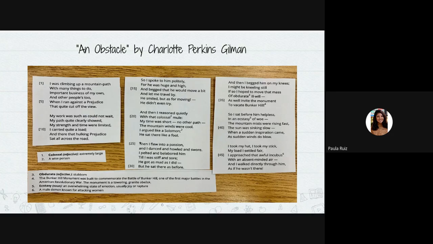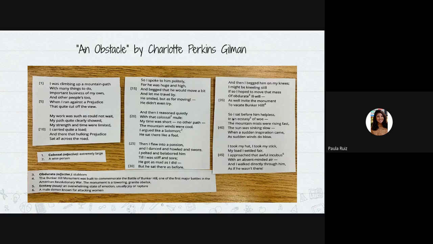But then if you go to the next stanza, she says, "then I flew into a passion." So here we see that she is changing throughout the story. Okay, she goes from polite to reasons quietly. Then she flies into a passion. Okay, the next piece of evidence we can cite is, "and then I begged him on my knees."